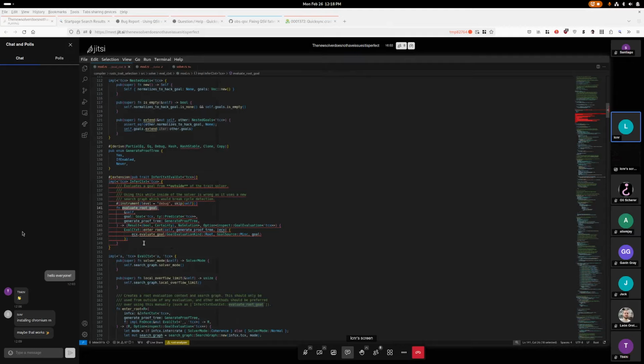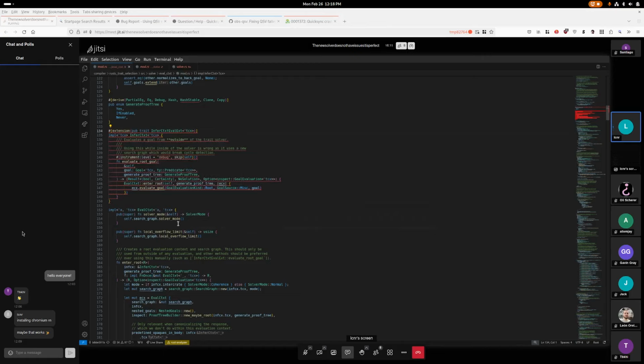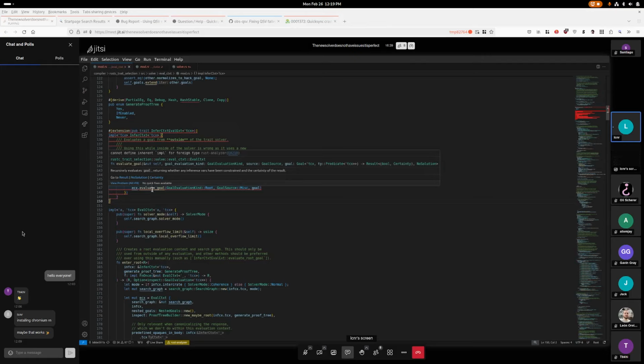Everything inside of the solver is happening inside of the eval context, which is just the God object, which contains all the relevant information necessary for the canonical queries. And when we evaluate a nested goal, that also always uses the eval context, which means that when we compute a root goal, we have some dummy context.